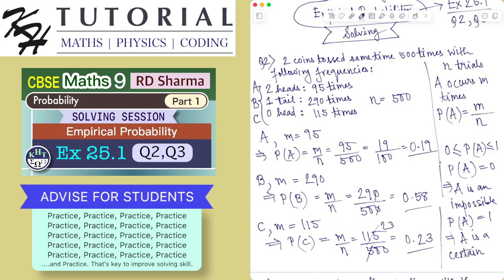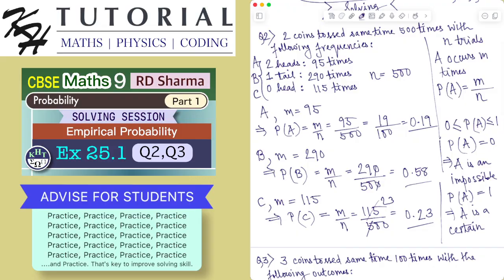Now one interesting thing you must know: if you add up these probabilities, probability A plus probability B plus probability C, it is coming out to be 1.